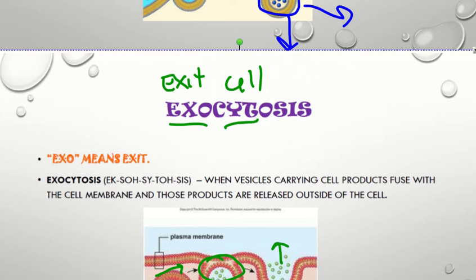Once again, larger molecules, so it costs energy to simply make a vesicle and deposit them outside. So vesicle bulk transport. Bulk transport, if you are ordering something from UPS or FedEx, bulk transport costs more money. Same idea within the cell.